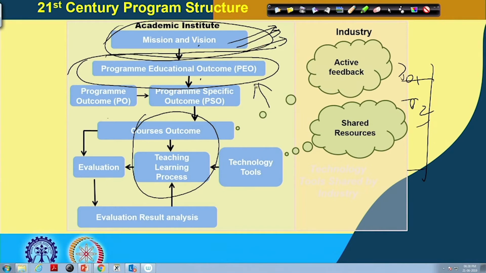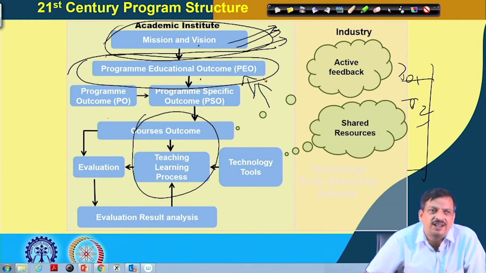Now, come to the program educational outcome, PEO, or program educational objective. If the objective is written in instructional system design principle, then I can say this is an outcome. Sometimes it is called program educational objective.